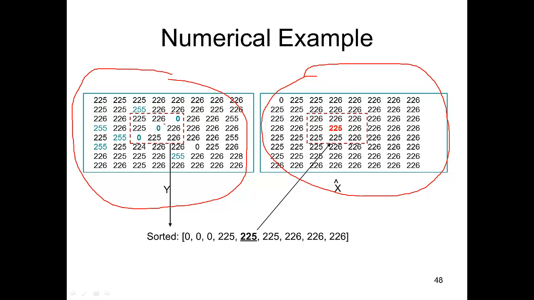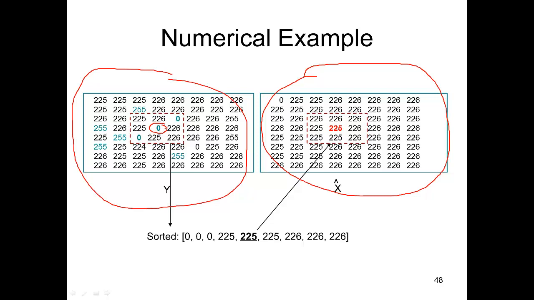For example, for this pixel, its 8 neighbors are inside the dotted rectangle. So we have 9 pixels inside this neighborhood, including itself.